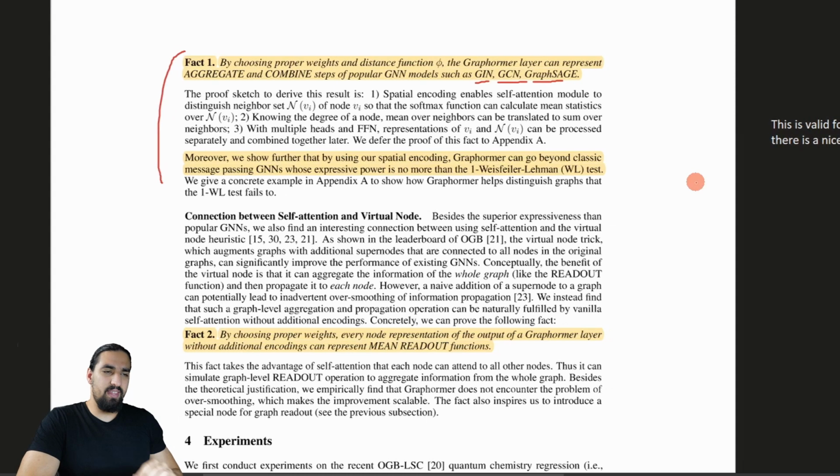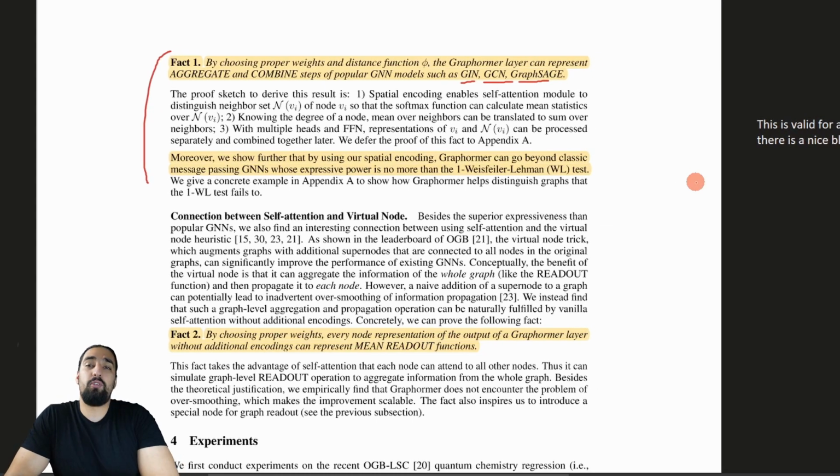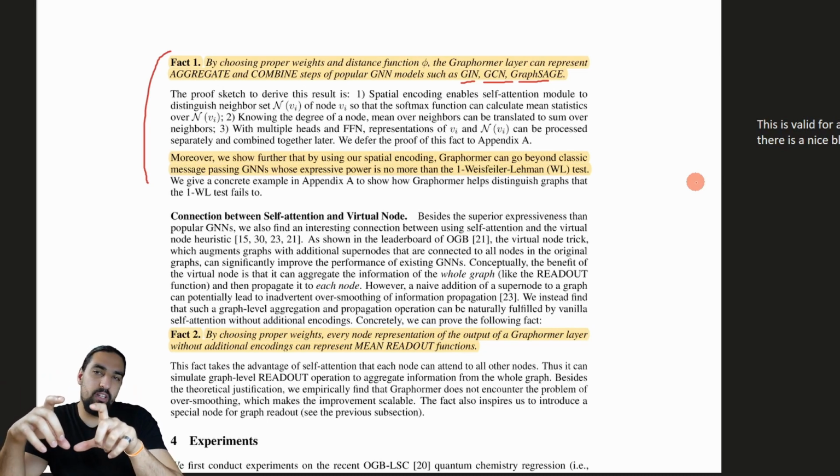So, by the way, there is a bit of confusion about this Weisfeiler-Lehman test, and the thing is, all of these expressivity statements are only valid for so-called anonymous graph neural networks, where by anonymous I mean that the node feature vectors are basically non-existent, or they are not discriminative.